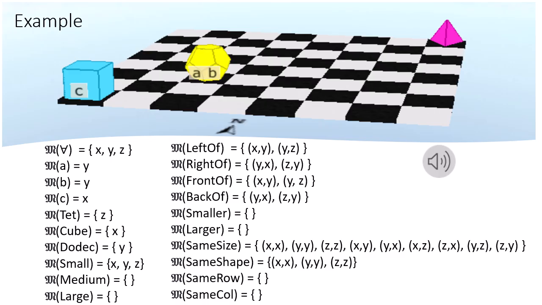So let's look at a nice example here where we have three shapes. We've got a blue cube, a yellow dodecahedron, and then a pink tetrahedron up there in the upper right corner. We've got a constant C that is naming that blue cube. We've got two constants A and B that are naming the dodecahedron, and then the tetrahedron doesn't have a name at all in this particular setup.